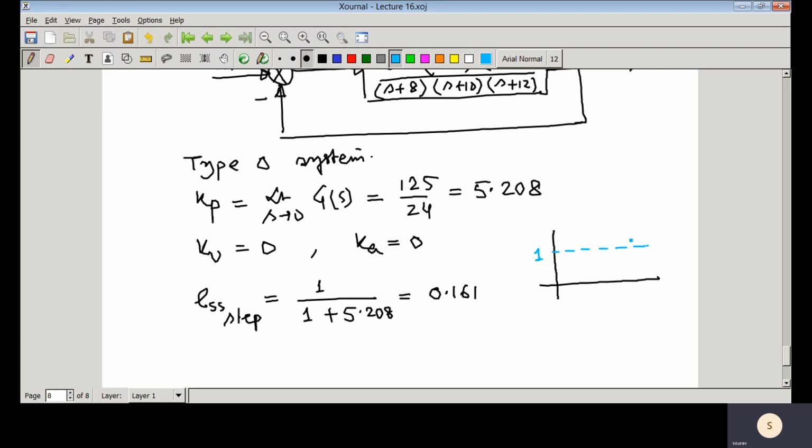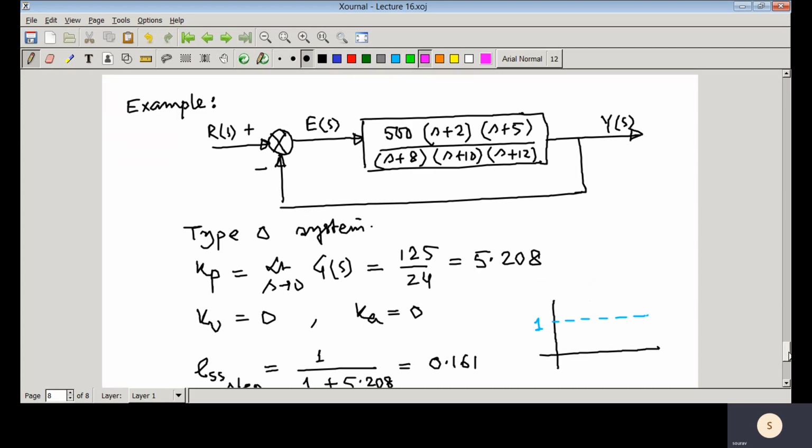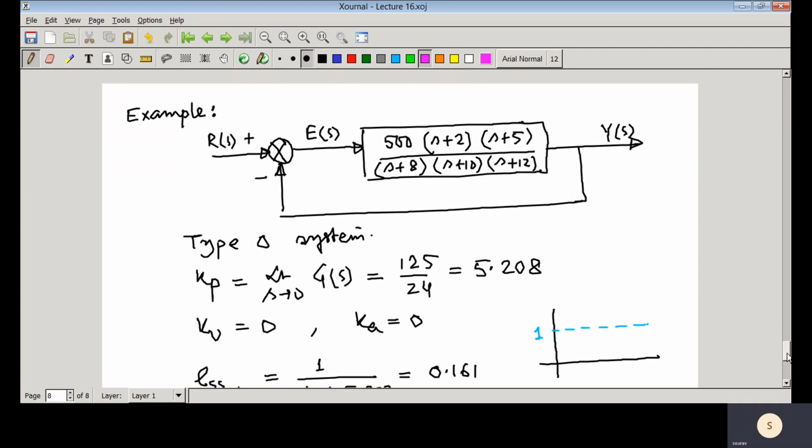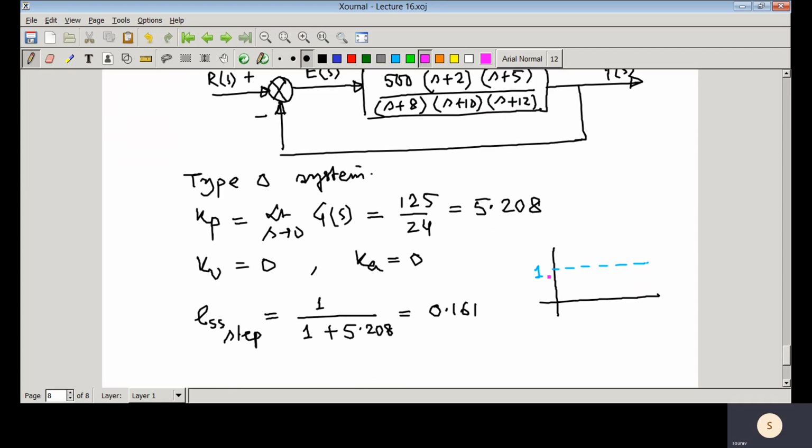So you can see the final response, because here you need not know exactly what the transient would be, I am just giving you the steady state. So the error signal e(t) equals r(t) minus y(t), when t tends to infinity, that means at steady state.